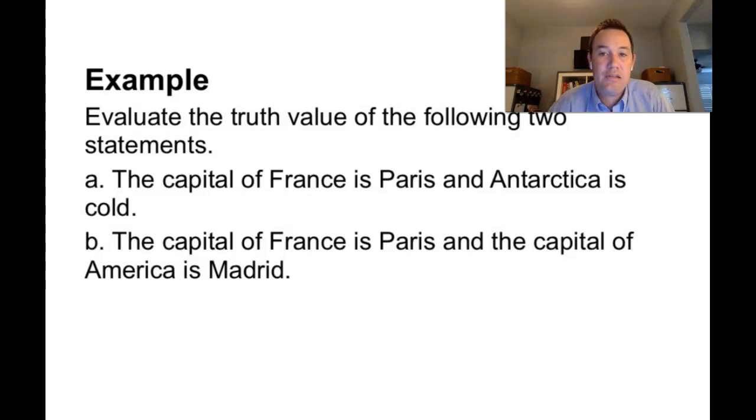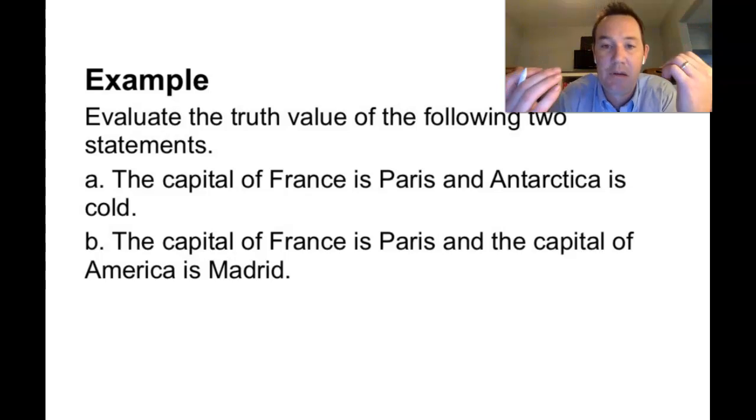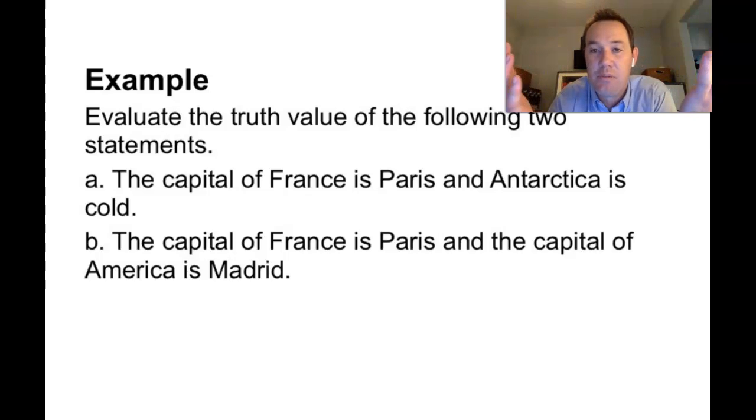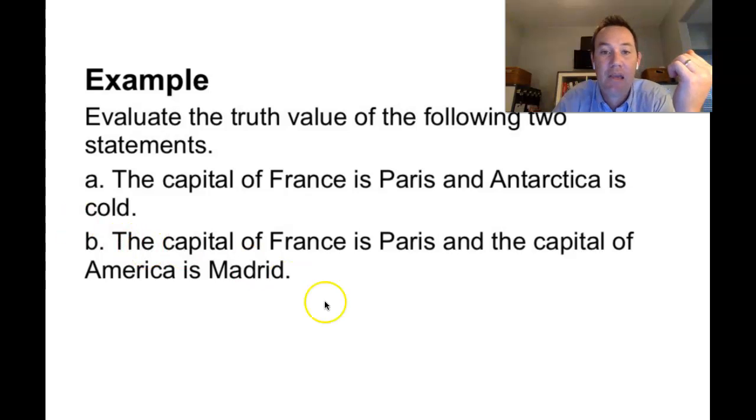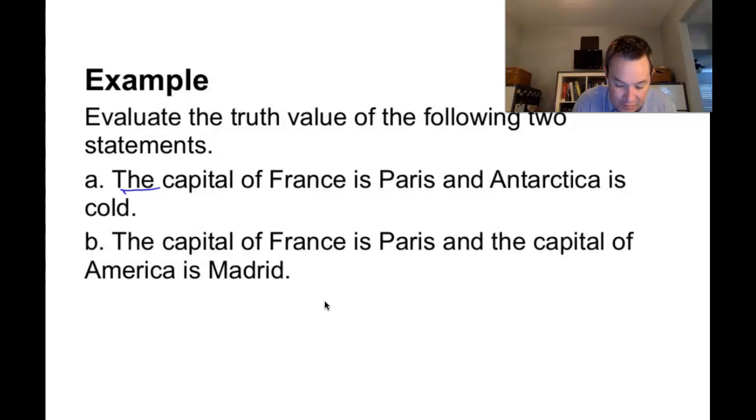And for this one, we are going to take a general intuition for these propositions, meaning we're going to pretend we know the capital of France and Antarctica, etc. So the capital of France is Paris and Antarctica is cold. So we'll say the capital of France is Paris. Sure hope that's true. Antarctica is cold, also true.